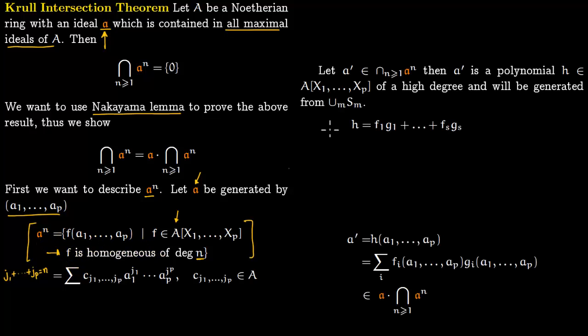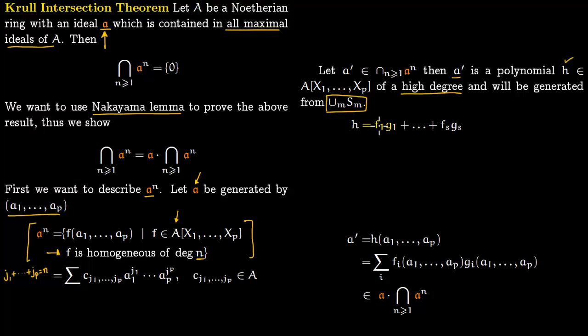If you are talking about some element a' which is contained in the intersection of 𝔞^n, then a' has to be a polynomial of very high degree. And this high degree polynomial will be generated from some set, which we will talk about in a bit. The idea is we are going to be working in a Noetherian ring. So even if we have a polynomial of very high degree, this a' would be associated to some polynomial h of very high degree.